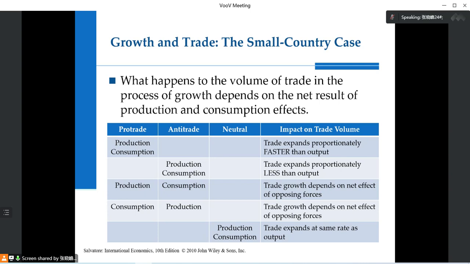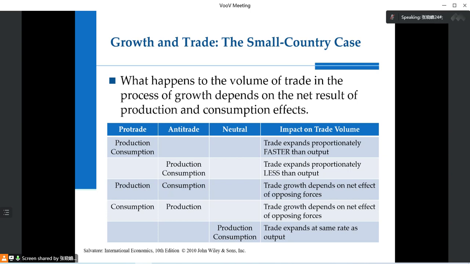If anti-trade consumption, trade expands proportionally less than the output. Okay. That is, if you have both production and consumption effects, trade growth depends on the net effect of opposing forces.